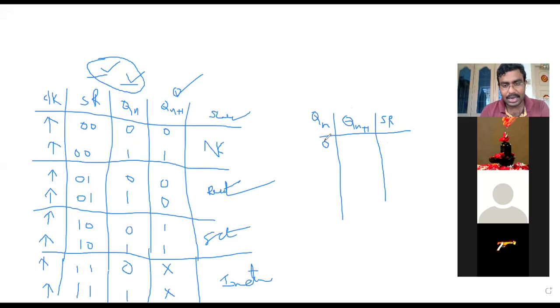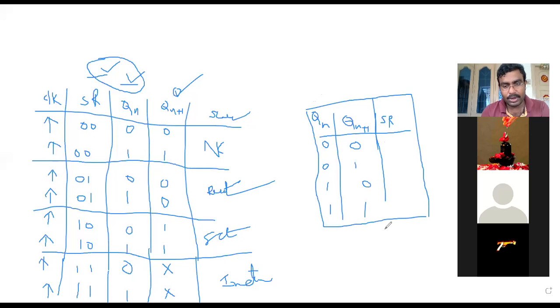First of all, guys, I am taking the combinations here: 0 0, 0 1, 1 0 and 1 1. This is the combination I am trying to take here to explain the excitation table of a SR flip-flop. Okay, this is how the excitation table looks like, guys. We have to take what is our present state, what is our next state, and fill the information of combination of inputs.